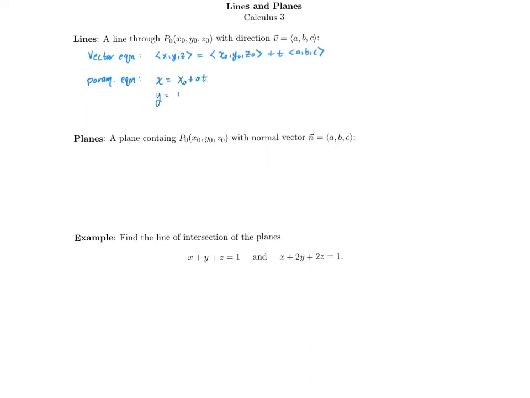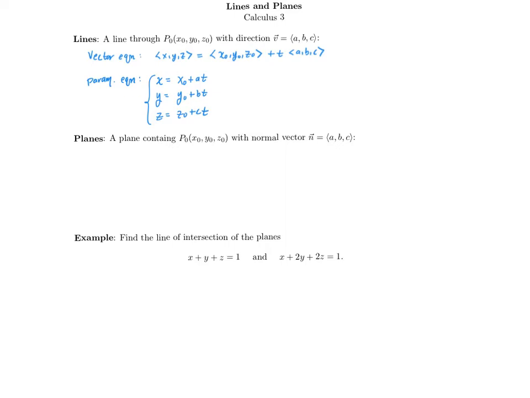The middle components would be y and y naught plus bt, and from the third components, z is z naught plus ct. We'd refer to these as the parametric equations of the line, the idea being that for each value of t, which we'll think of as a parameter, you get a different point on the line.